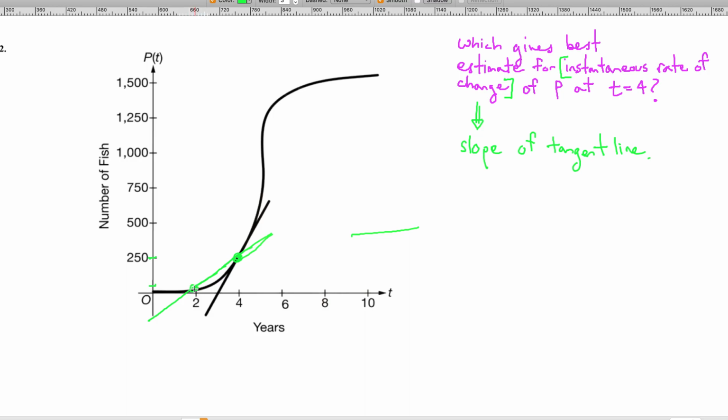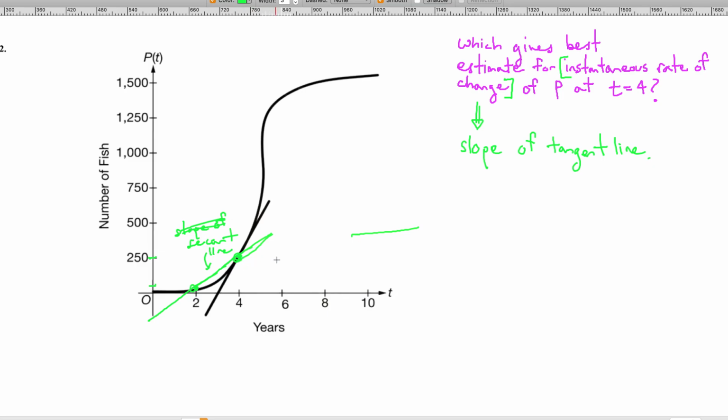This is called the secant line. That's this line right here.